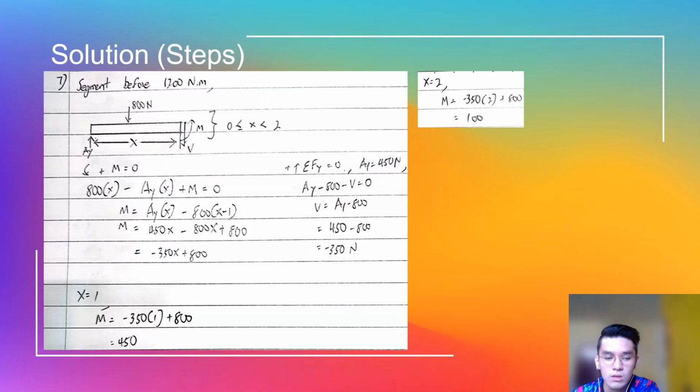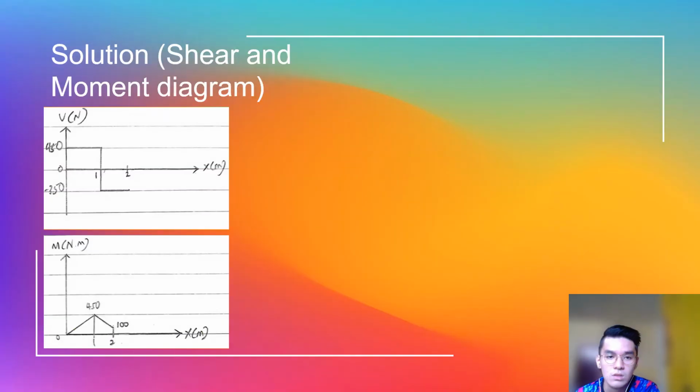For the moment at point s equal to 1, the moment that we found was 450 Newton meter. For the moment at point s equal to 2, the moment that we found was 1300 Newton meter. And these are the shear and moment diagrams for the segment which was before 1200 Newton meter.